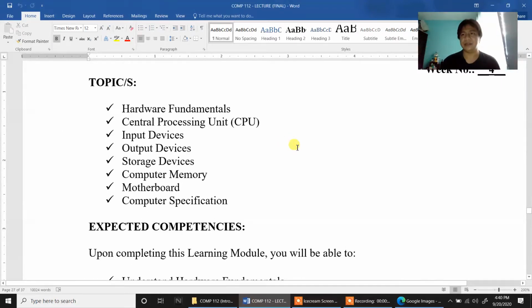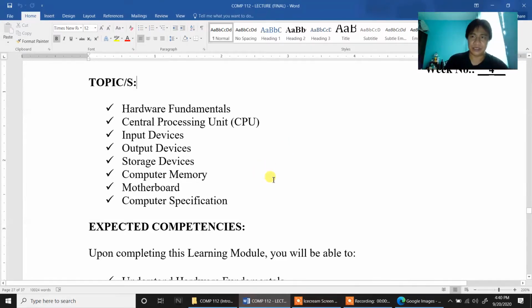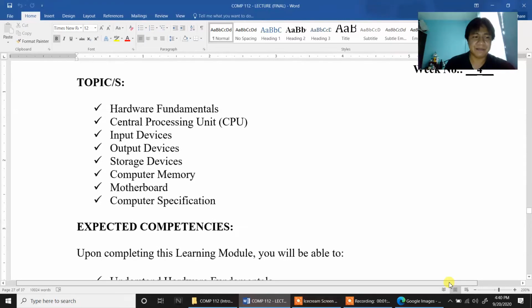And I think you're familiar also with the different hardwares that are now on the market. Now, we have a vast different hardwares with regards to the computer. So we will just discuss the concept of those hardware that we are dealing with nowadays.